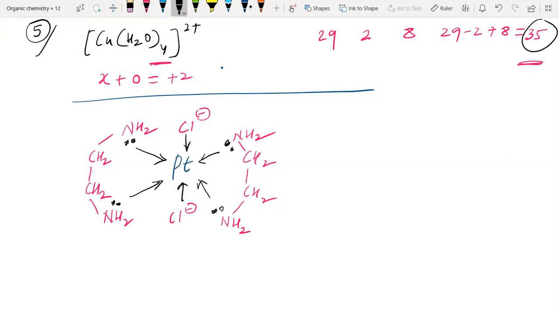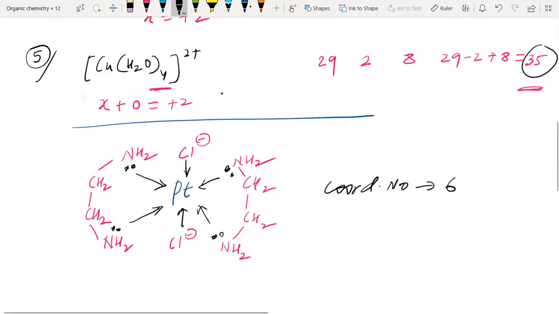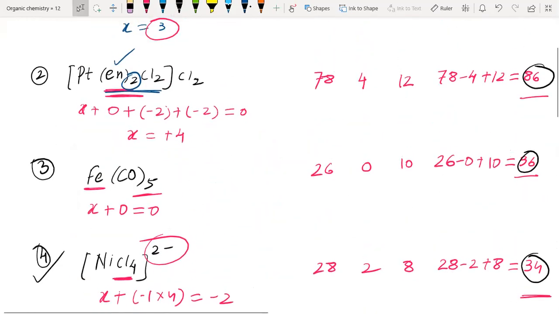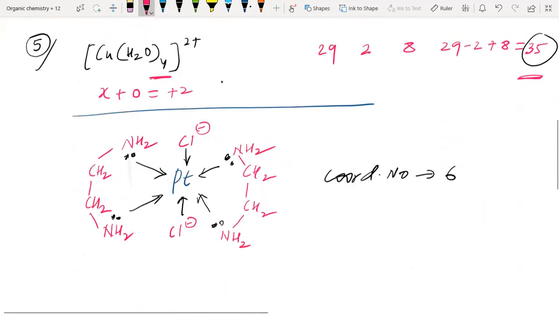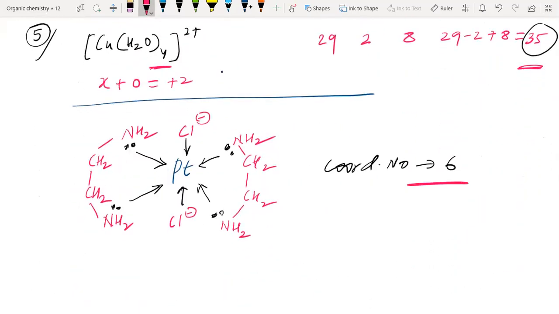So in all, the coordination number here is 6. If you count the number of ligands, you get 2 to 4, but here we are getting 6. Why? That is all because of ethylene diamine, which is a bidentate ligand.